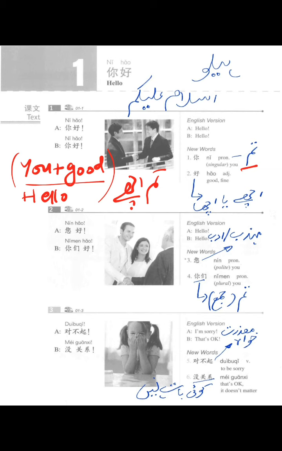Okay. Now the next one is this. So you see, we are seeing this word. So nin also means you. नीन का मतलब भी तुम है, लेकिन अगर अदब के साथ और महज़्ज़ब तरीक़े से आप किसी बड़े को मुखातिब करना चाहे तो आप उसको नीन हाओ कह के मुखातिब कर सकते हैं। So this is about addressing someone who might be older than you, or if you are just using it out of respect for the person who you are addressing.